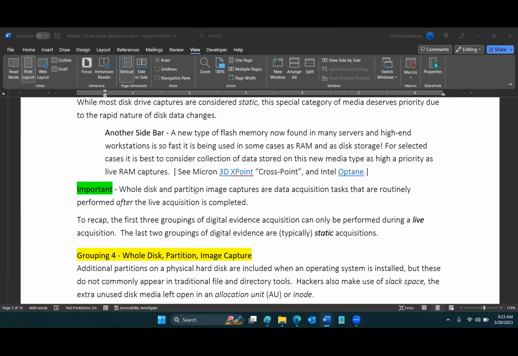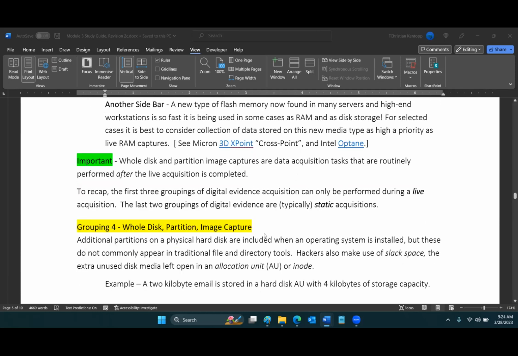During the live acquisition, after we capture the data that we can during the live scenario, when we reach a tipping point, if the system can be powered down effectively or properly, we collect the whole system or the disk from the system, right? Which gets us to the static acquisition.